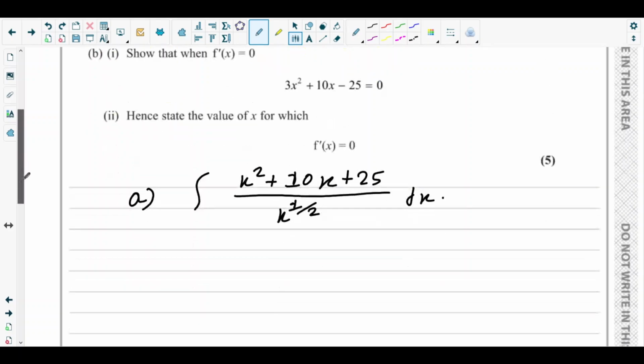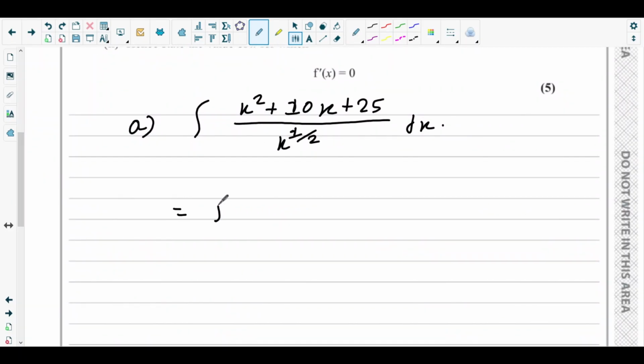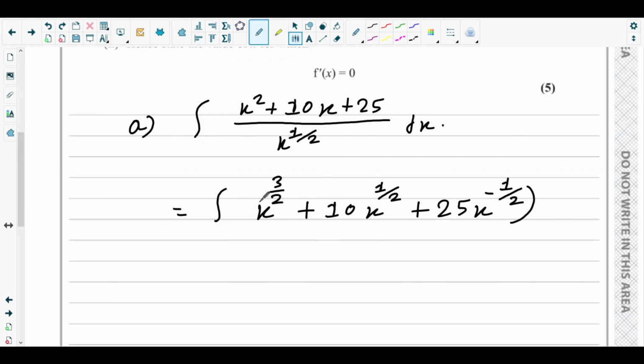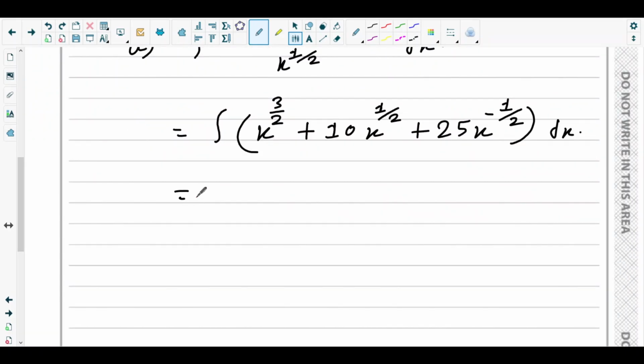Now we can simplify: x squared becomes x to the power 2 minus half, since it is in the denominator, so 2 minus half is 1.5, which is 3 over 2, plus 10 x to the power 1 minus half, which is half, and then plus 25 x to the power negative half, since it's in the denominator. Now you just need to integrate it to get the integral.